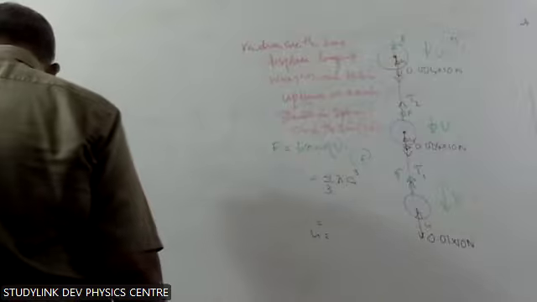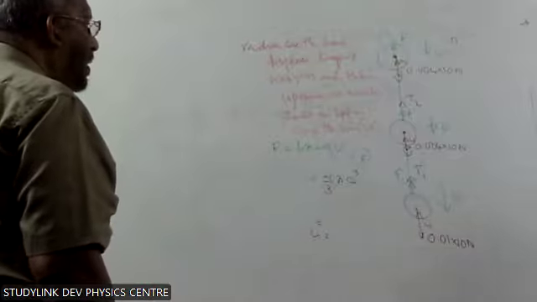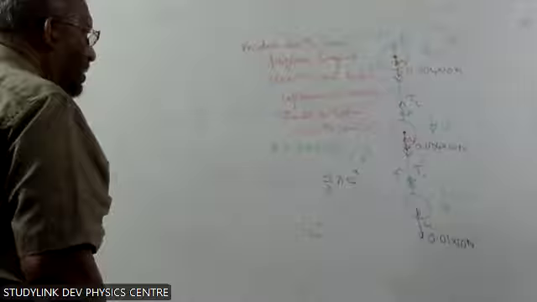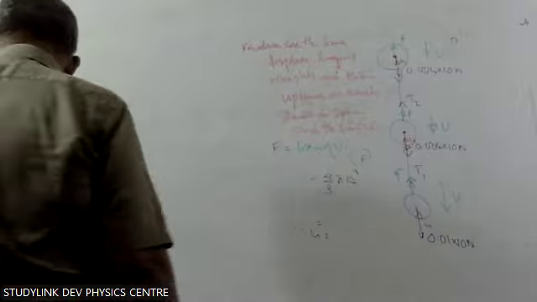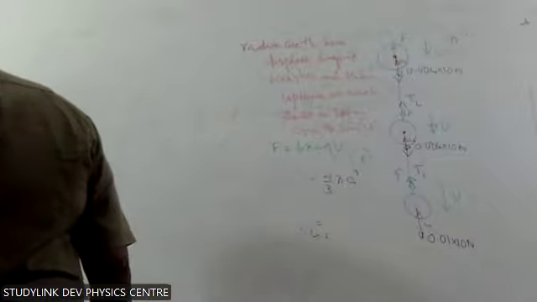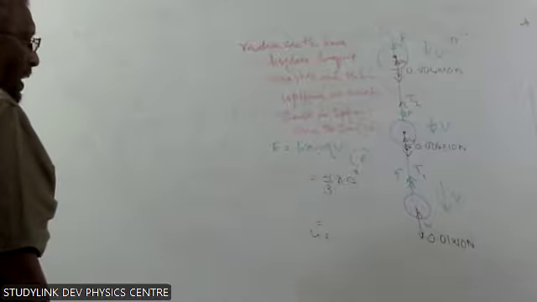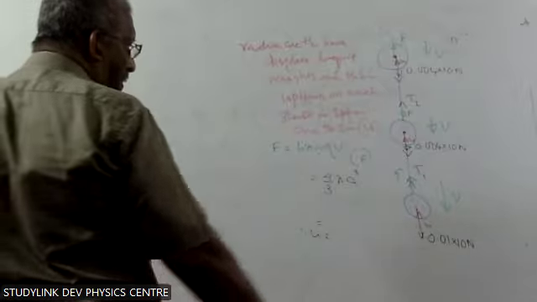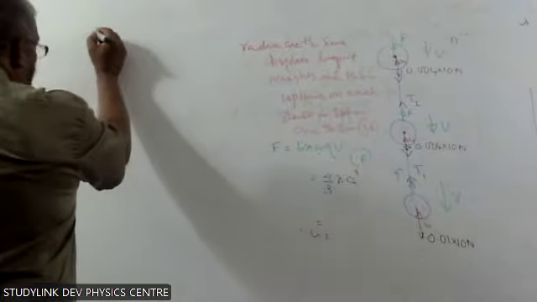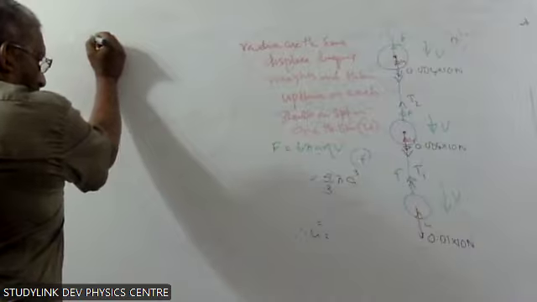After that, you can apply F equals MA. But since it is the first time, I will write it for that day in the other one. Here it is in the video, part 4.